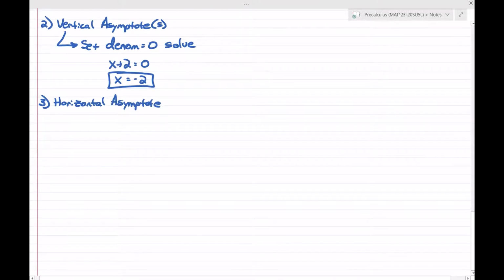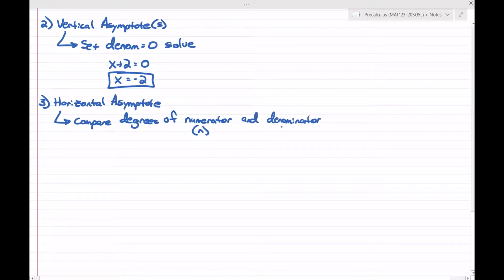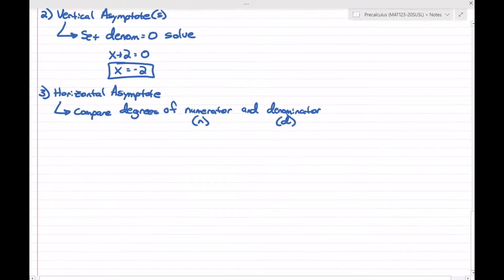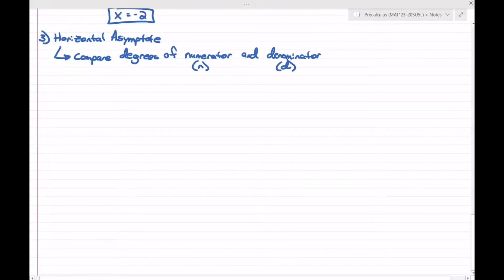For our horizontal asymptote, we have to compare the degrees of the numerator, we'll use an n for the degree of the numerator, and the degree of the denominator, we'll use a d for that. Okay, now if we're comparing two numbers, there's three different options.